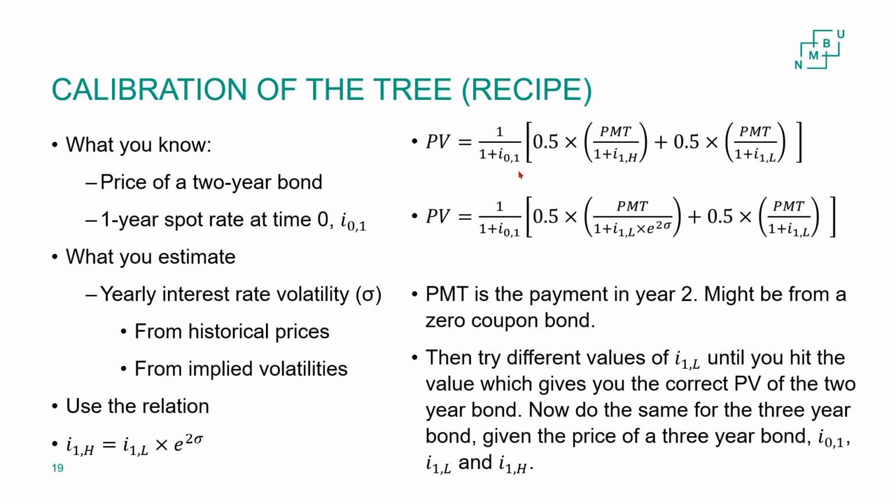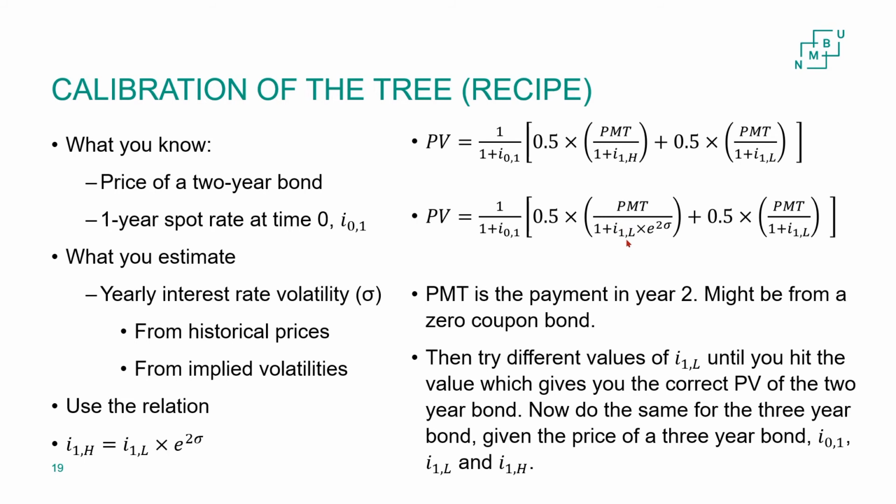But here we have 2 unknowns, okay? Everything else is known. What you do is you use the relation that the high move is just a scaled down move, so you insert that here, okay? Then you only have 1 unknown, and you can change this unknown.